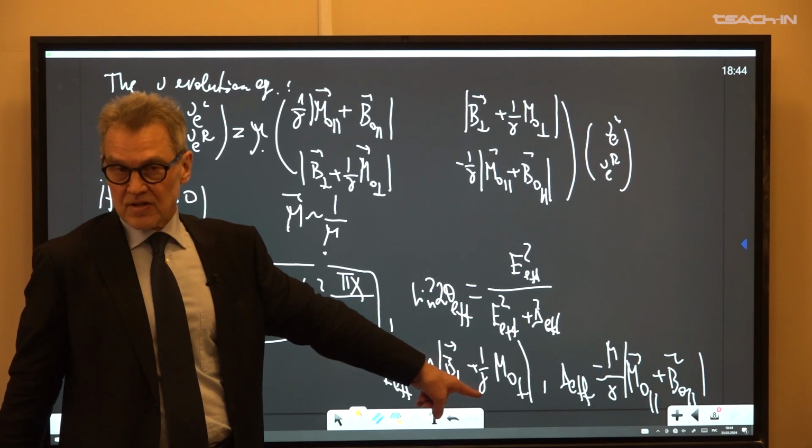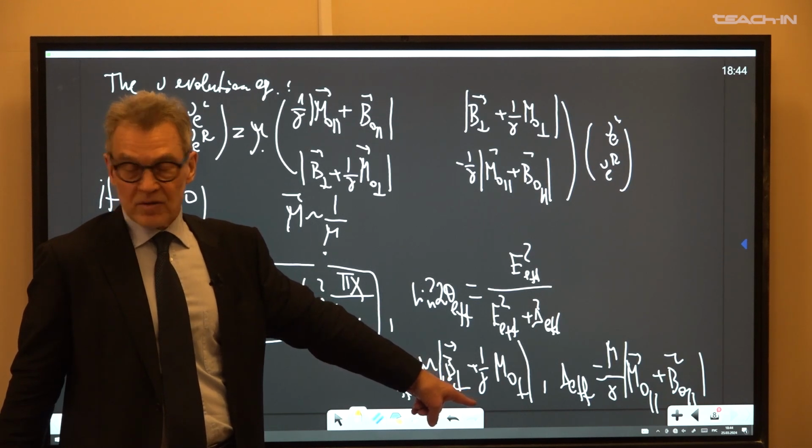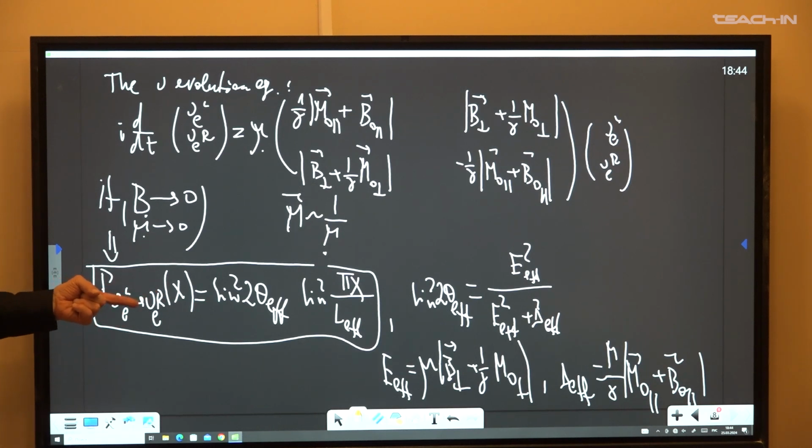It's proportional to the transversal speed of electrons of the background. So it means that a non-zero probability for electron left to be converted, or oscillate, to electron right exists if we account for the effect of interaction of our neutrinos with matter that is moving, and the transversal current, or transversal component of the speed of moving matter, is not zero.